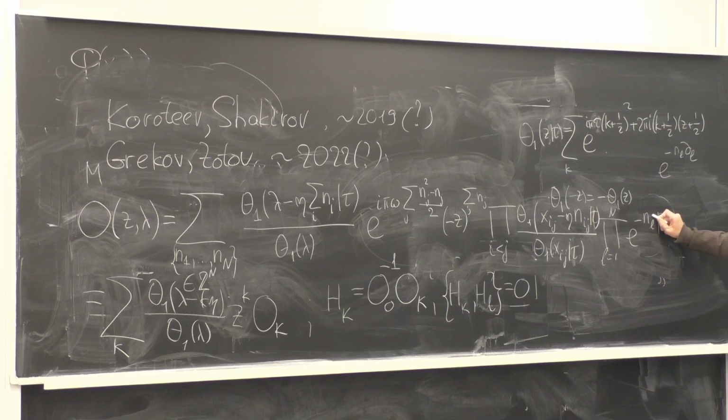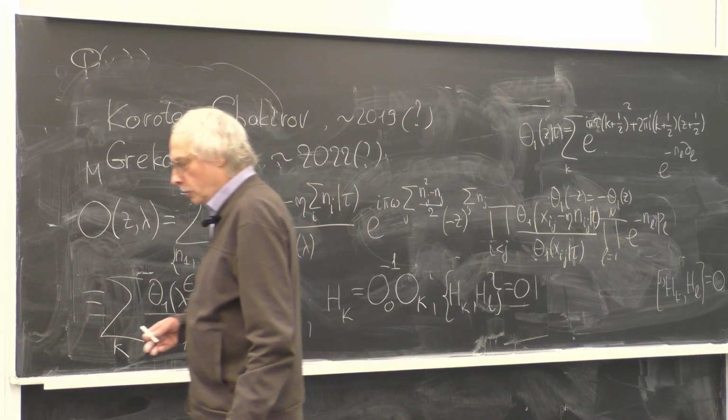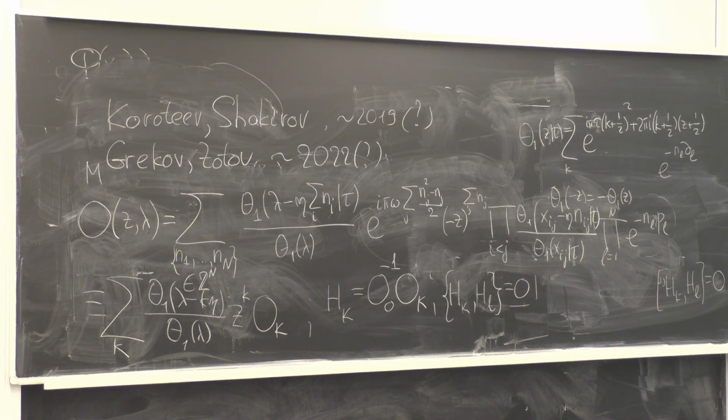Here you probably have eta. And in the quantum case, the statement that they commute is a hypothesis verified numerically for some set of these Hamiltonians.